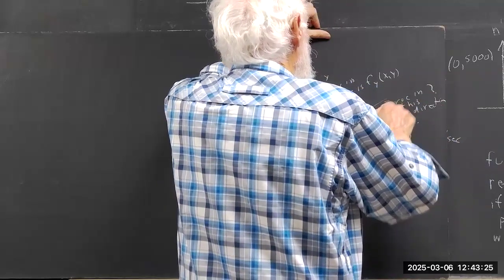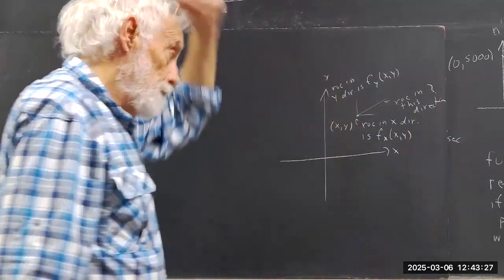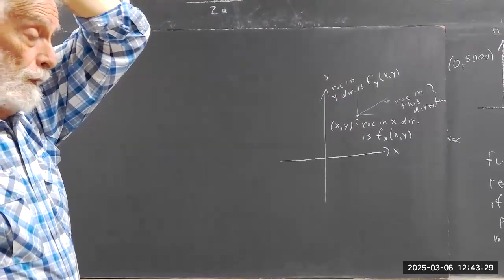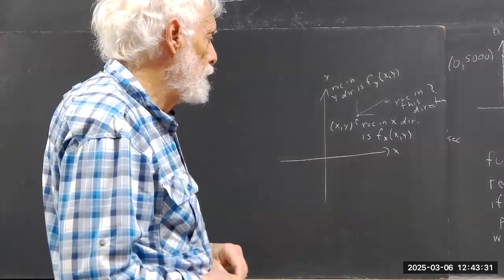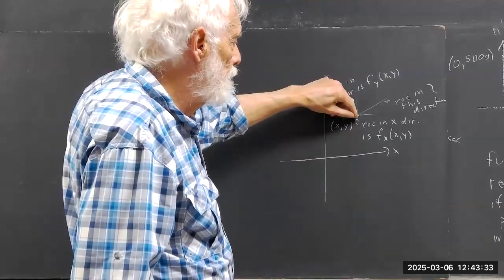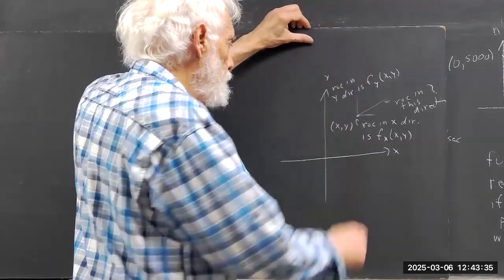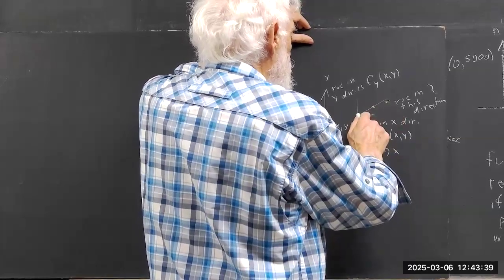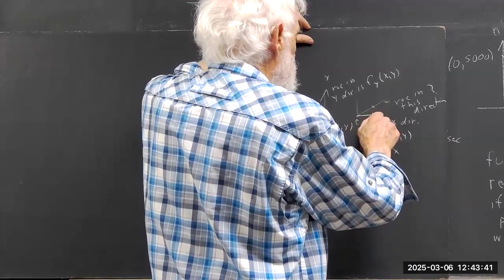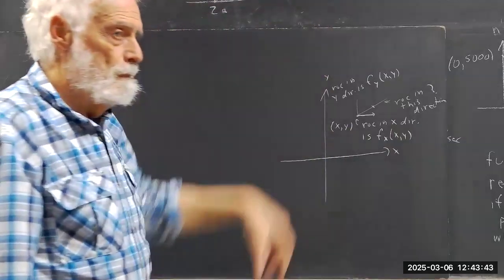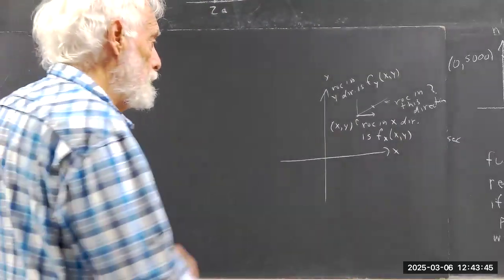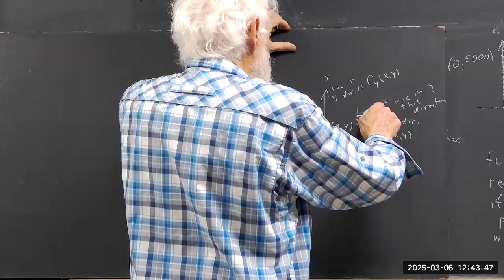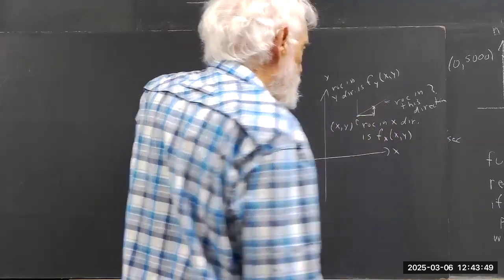Question: what's the rate of change in this direction? Well, I can move from here to a point out here by moving in the x direction, then by moving in the y direction.